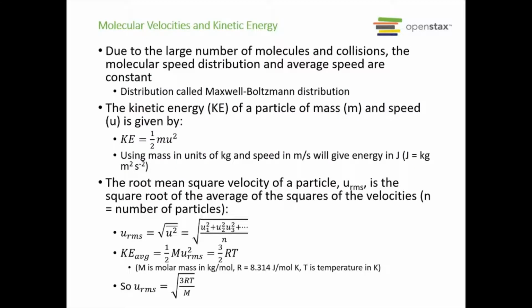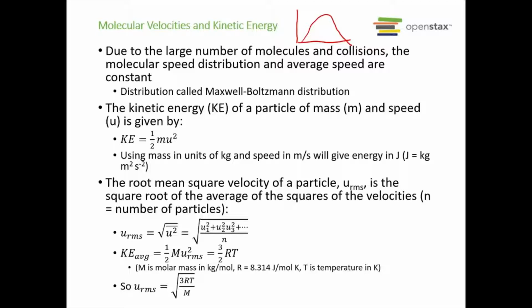All right, so let's talk about molecular velocities and kinetic energy. There's a lot of molecules and collisions going on, so there's actually a distribution of the speed of these molecules, and it might look something like this. This is called the Maxwell-Boltzmann distribution.